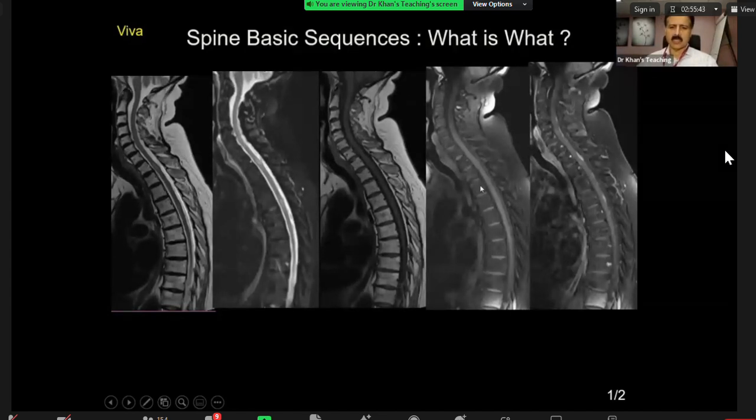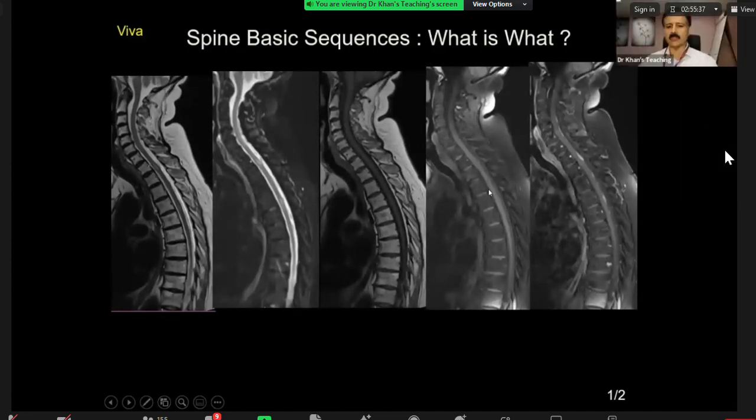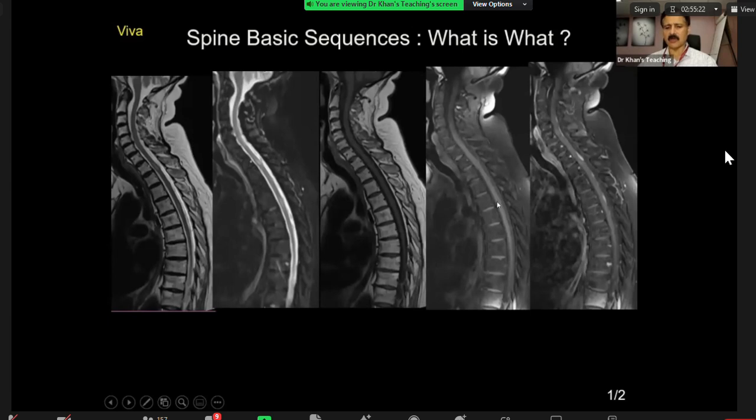Now, this sequence, you will always find it tricky. Why? Now, this is a fat saturated T1 weighted sequence. And with fat saturation, everything becomes bright, much brighter than you see in a T1. And a similar phenomenon you will also see in things like liver, etc. So you have to develop your eyes on this, that this is a pre-contrast T1 and this is a post-contrast T1.